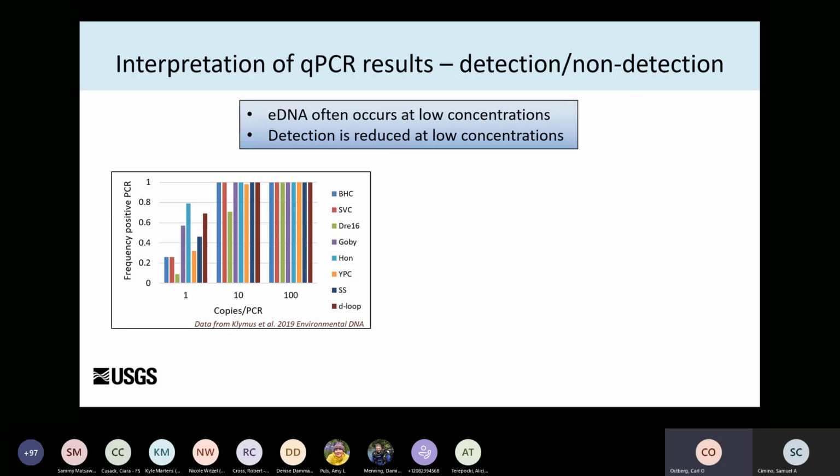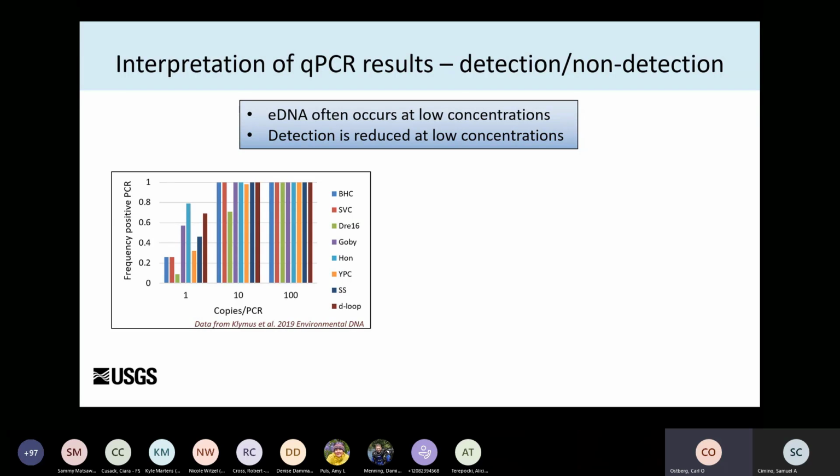What we're seeing here is that at these low concentrations, say 1 copy, no assays produce 100% positives. This is because at low concentrations, you might not always be pipetting DNA into your PCR. Although you should be able to get 1 copy, you're not always pipetting 1 copy.